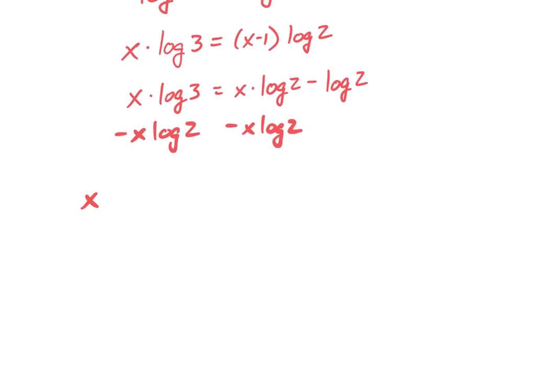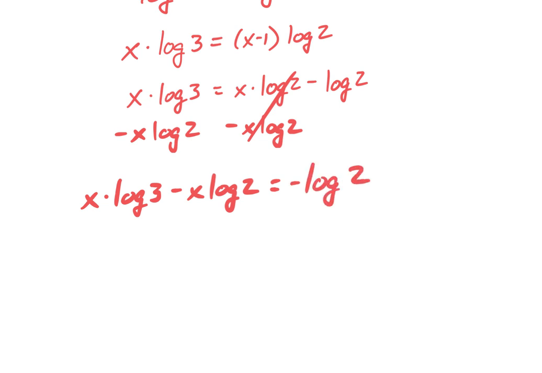So we have x log 3 minus x log 2 equals, those are going to be gone now, negative log 2.